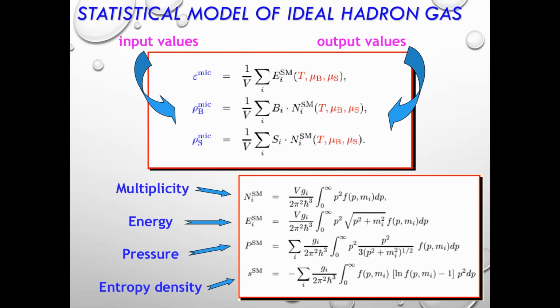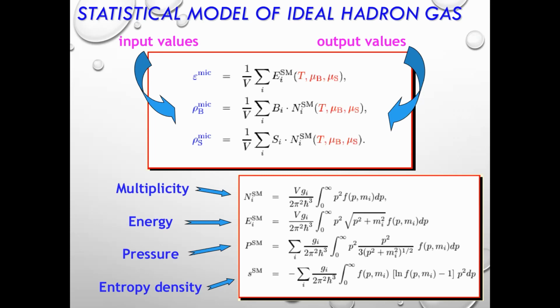And then we employed the statistical model of ideal hadron gas, with essentially the same number of degrees of freedom. It means the same particles as in UrQMD, and the table of particles in UrQMD is quite rich: 52 baryon states, 39 meson states, anti-states, and so forth.